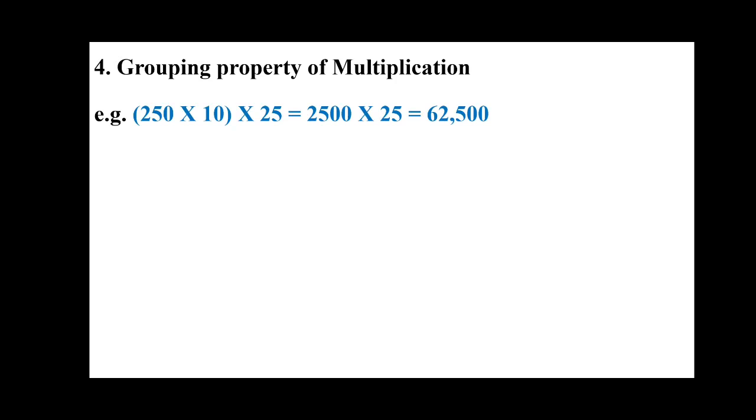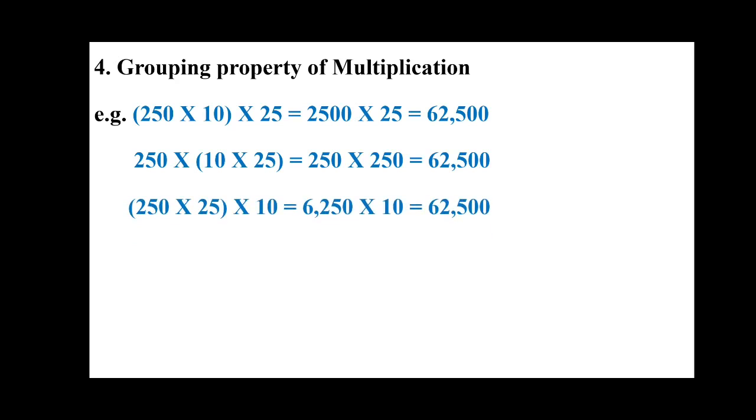First 250 and 10 is grouped. Here 10 and 25 is grouped. Finally, 250 and 25 is grouped. So, here the numbers grouped in 3 ways, but we got the answers same, 62,500.